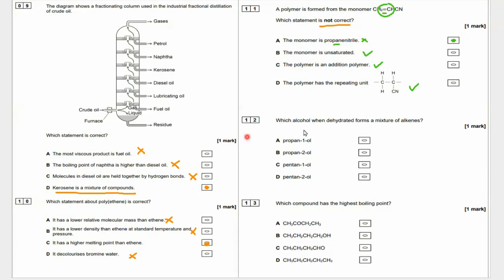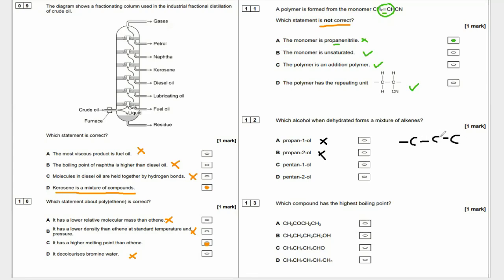Let's look at 12. Which alcohol, when dehydrated, forms a mixture of alkenes? Well, it can't be propan-1-ol, and it can't be propan-2-ol. Why, you ask? Well, check it now.